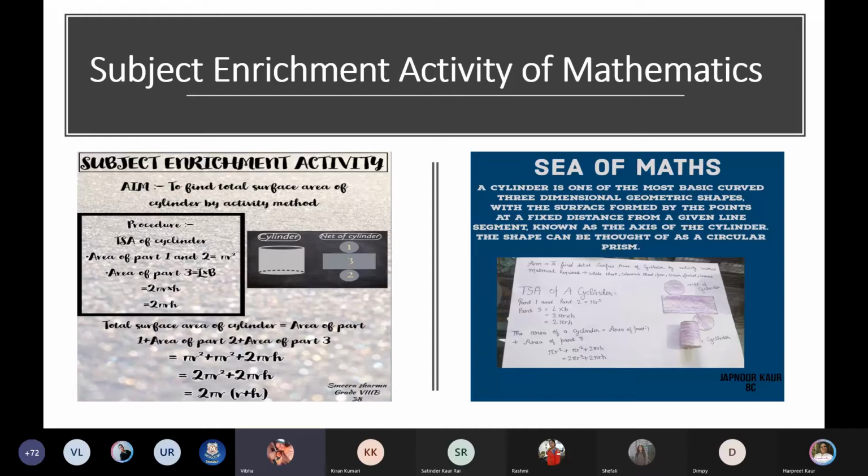Somewhere they have drawn something, they have clicked the picture, and they have embedded it in the Spark Post. And some students, you can see the first one, they have done all the things through the Spark Post. So these were the two ways where students have shown their creativity through the Spark Post for submitting their subject enrichment activity.